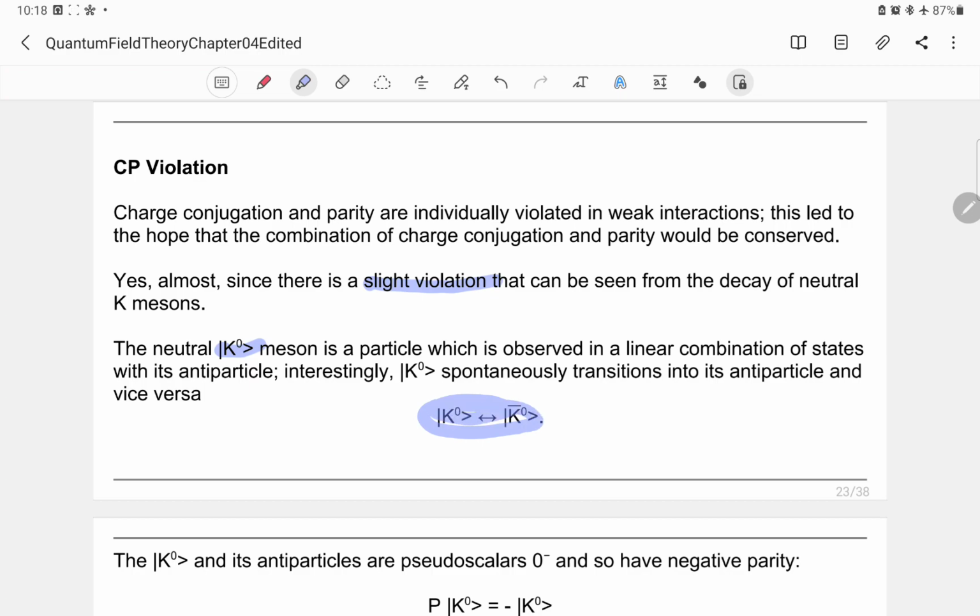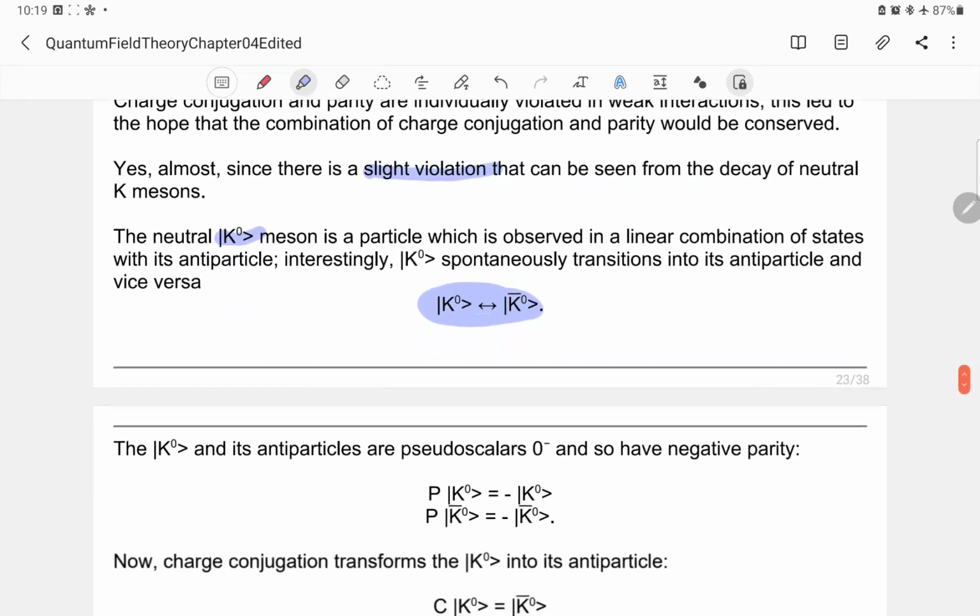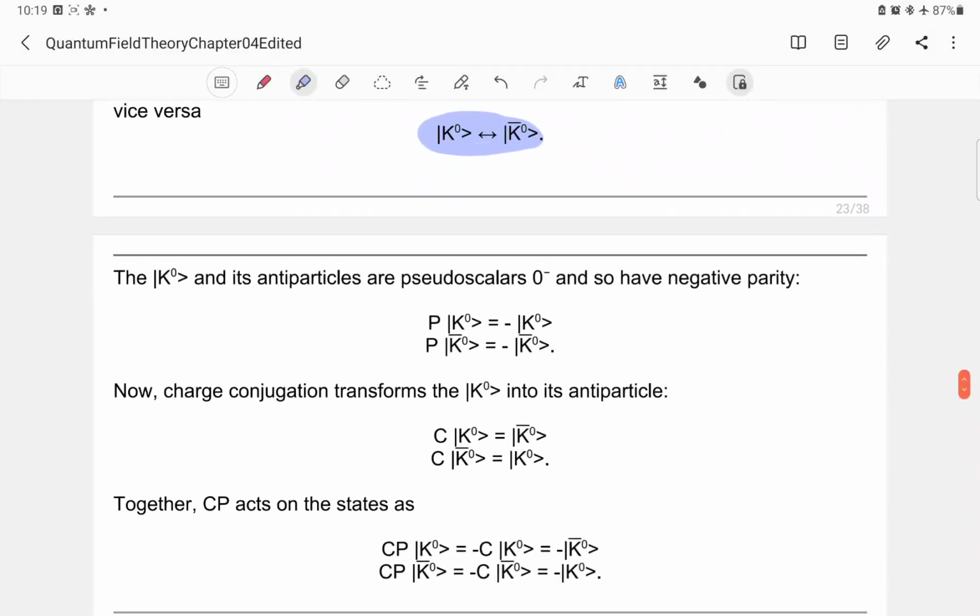So this is the behavior of the K meson. It oscillates into an antiparticle and back to itself.